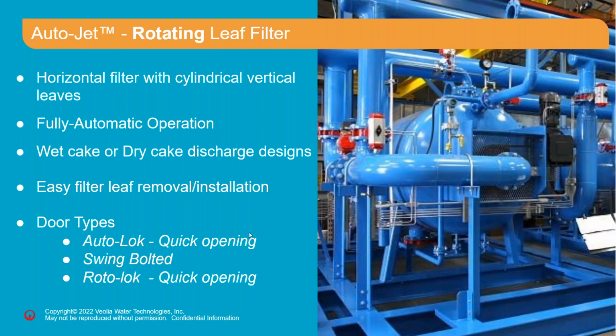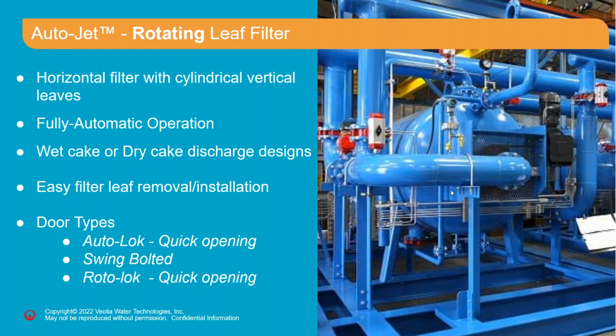So first one is the Auto-Jet or the rotating leaf filter. This is a horizontal filter with leaves that are arranged vertically throughout the length of the filter. Again, this can be fully automated and can be designed for either wet cake or dry cake discharge.